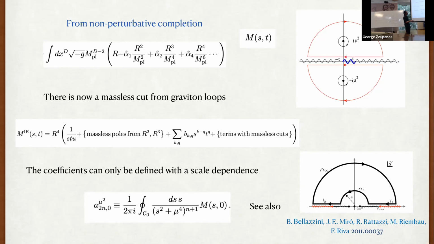You try to integrate the amplitude along the arc. Either way, fundamentally what you're doing is introducing a scale. If you're moving away from the real axis, or you're introducing an arc, there's a radius for your arc. In both cases, you're introducing a scale.